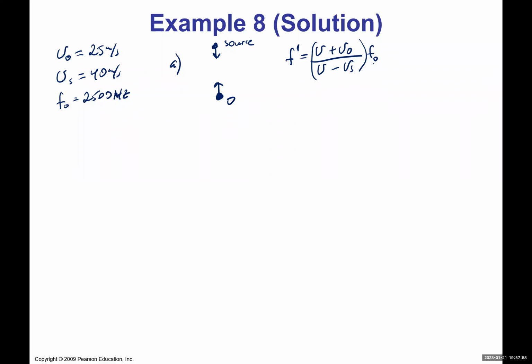There you go. That's the general equation that we can write down.